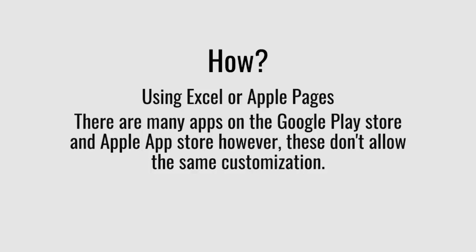I need to add things into mine. I need to be able to put certain things that I would like into mine. That's why I use Excel, or if you're on an Apple device, you could use Apple Pages, which comes with every iPad, so it may be very easy to make one on your phone, just a simple one. It depends how complex you would like to go.